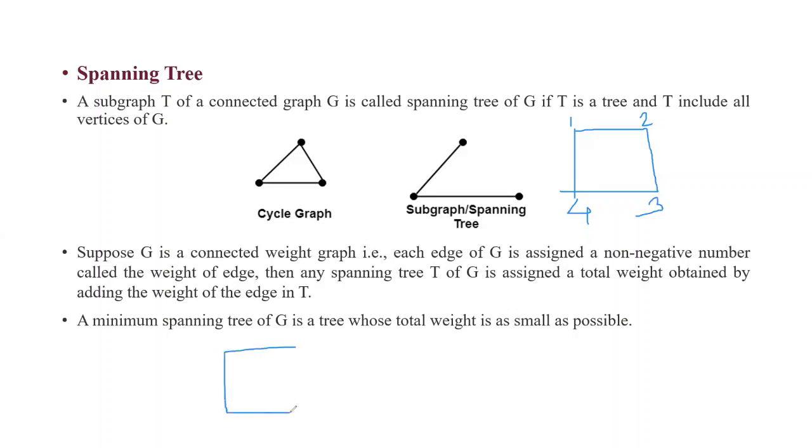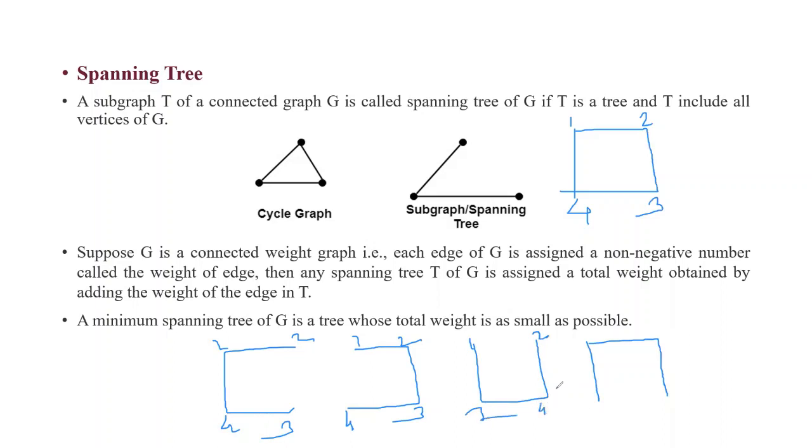Like this one, and this one, again this one. So there are different spanning trees for the given graph, and each contains all the vertices of the graph.